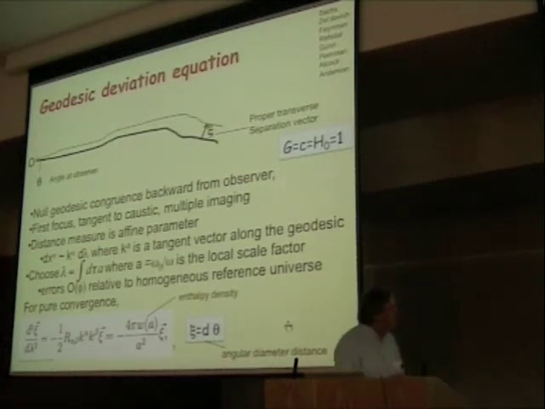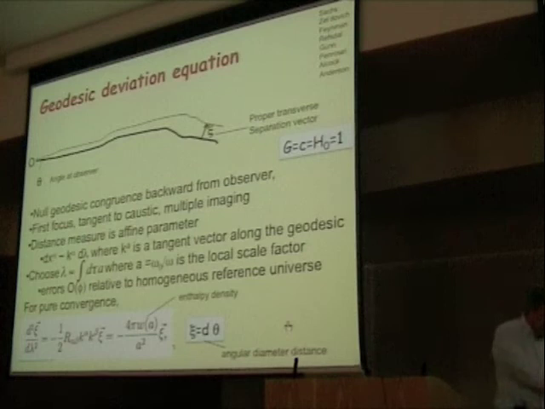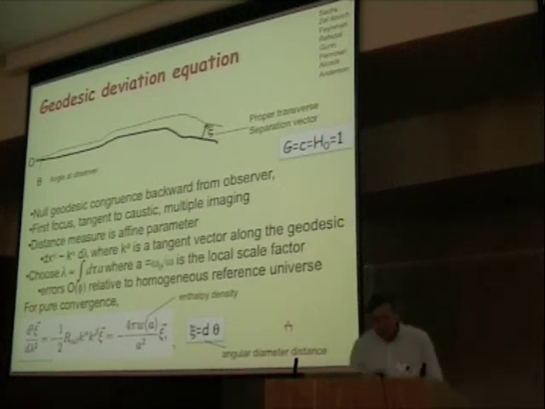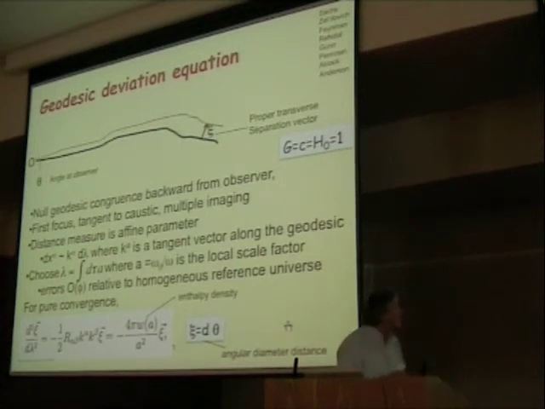This is formally correct, but if you imagine a homogeneous reference universe next door that has the same average density and otherwise the same properties and same dark energy, then the errors in using that homogeneous universe are of order the Newtonian potential and are ignorable at the level at which we're working here.